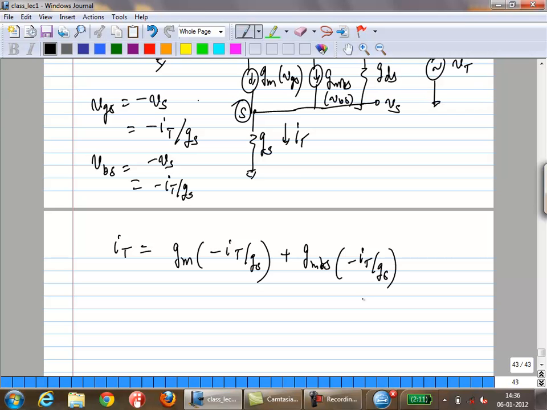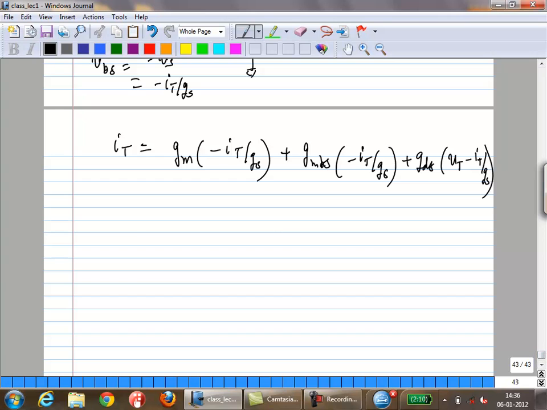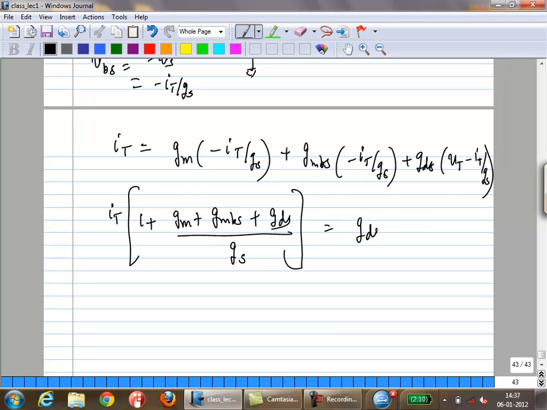GMBS times minus IT over GS plus GDS times basically VT minus VS, which is VT minus, sorry, is that right? Yeah. Okay. Is that right? Correct?